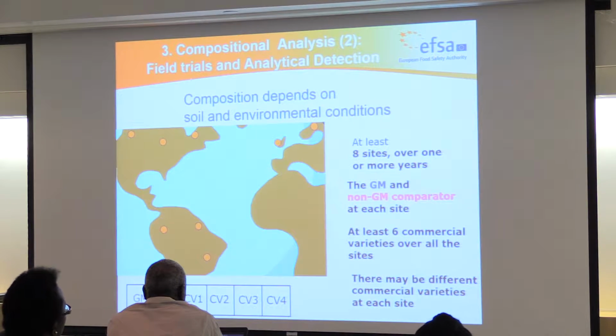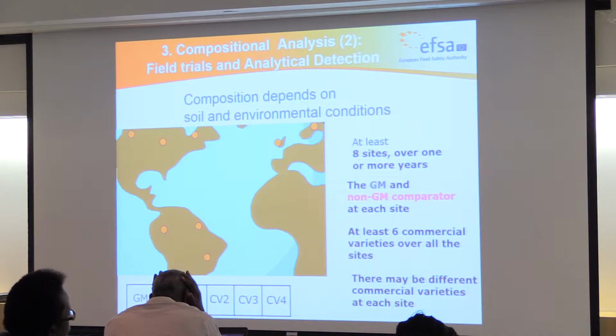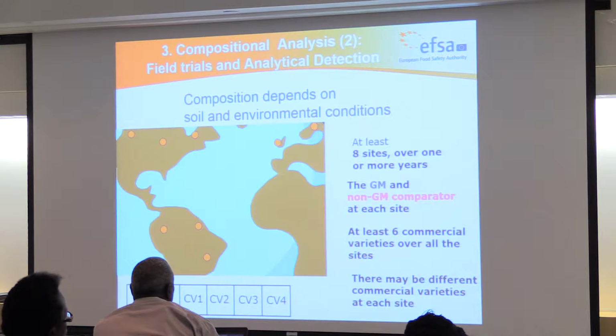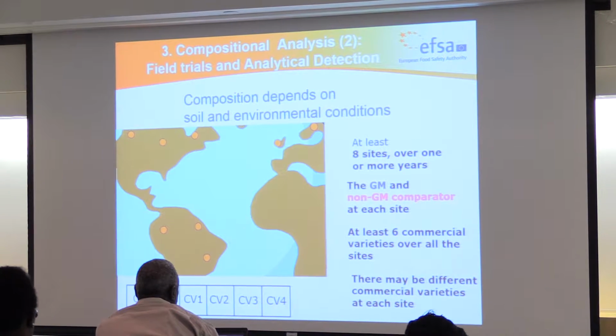The comparator is important to choose, the non-GM comparator at each site. And you need to include a number of commercial varieties to get an idea of natural variations in the parameters you are going to measure. And this is a very important point.